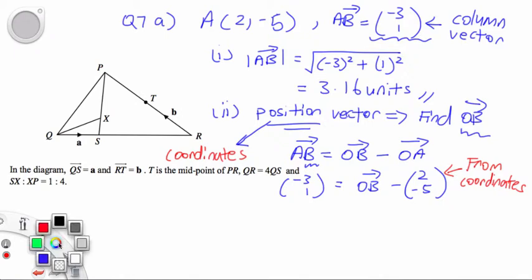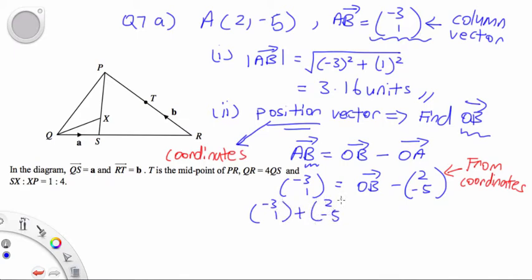Now just solve like normal algebra. Shift, a bit similar to matrices. Just shift over and find your answer for OB. OB you will get (-1, -4).